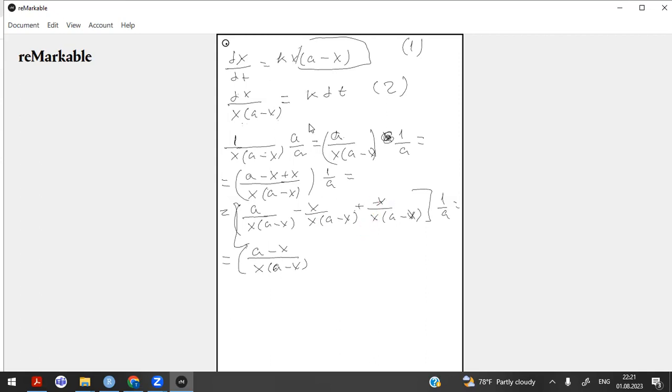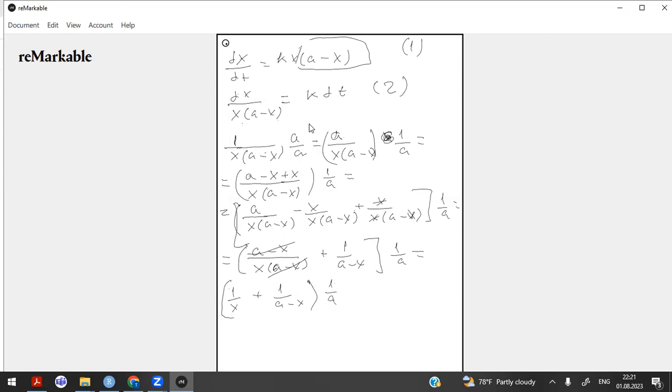In the first term, the a - x cancels, and in the second term the x cancels. Then we'll have 1 divided by x plus 1 divided by a - x, and all this multiplied by 1 over a.